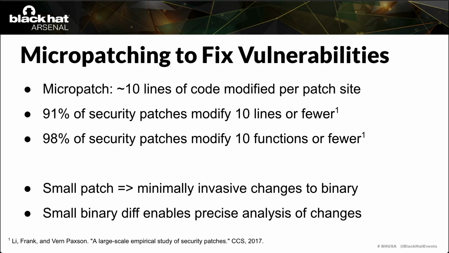And our goal with the CodeHawk Binary Patcher is to support sets of micropatches per update, because we see that 98% of security patches modify 10 functions or fewer. So these patches are focused and small. That enables us to build precise analyses that reason about the differences between the original and the patch binary.